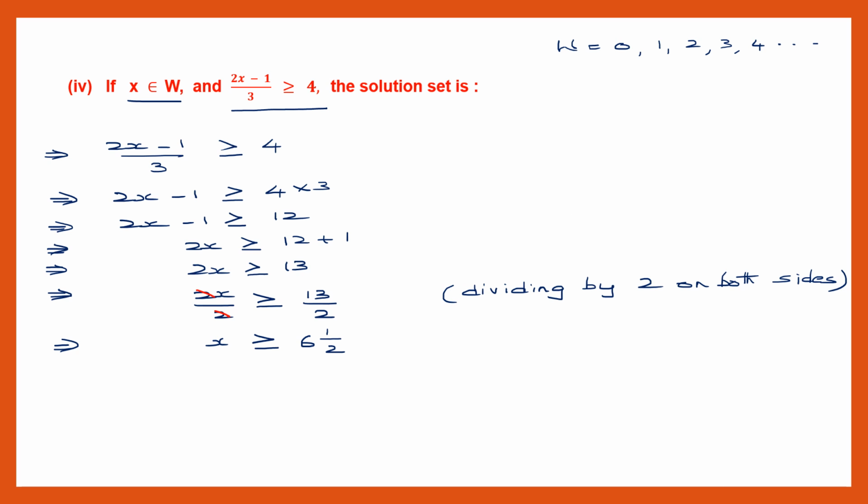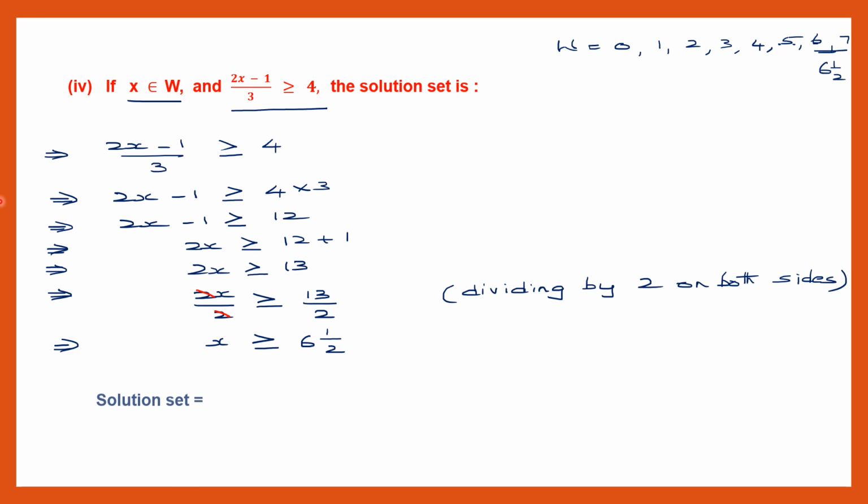Now, if we continue to write, I'll have 5, then I'll have 6, I'll have 7. Between 6 and 7, I will have 6, 1 by 2. So, if my answer has to have elements greater than 6, 1 by 2, I cannot include 6. I have to include numbers after 6, that is 7 onwards.